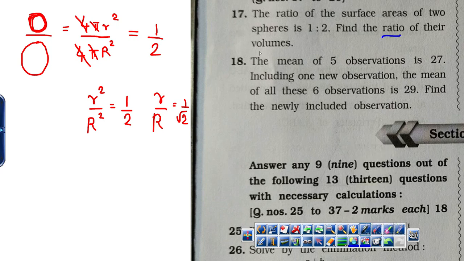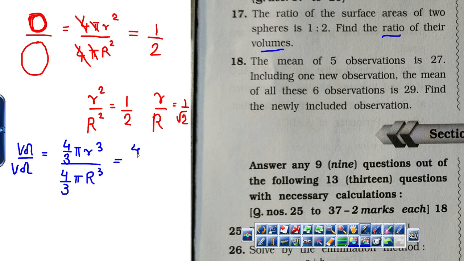Find the ratio of their volume. Volume upon volume find करना है. Volume का formula is 4/3 pi r cube. नीचे वाले का 4/3 pi r cube. 4/3 pi cancel. r क्यूब को मैं r स्क्वायर इंटू r लिख सकता हूँ.